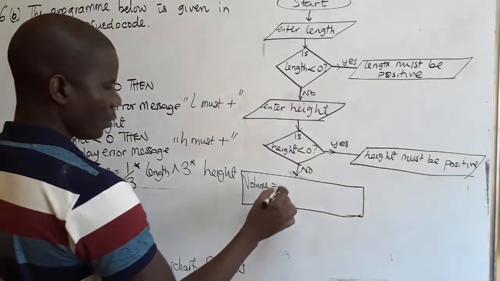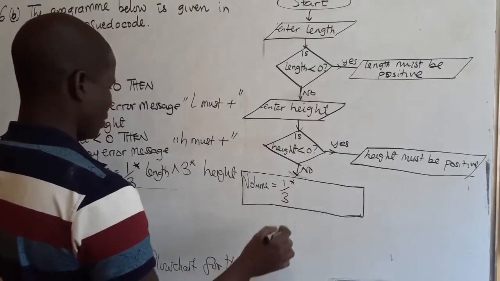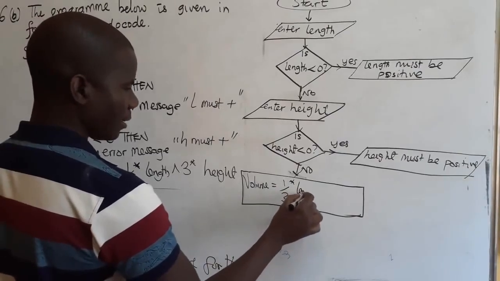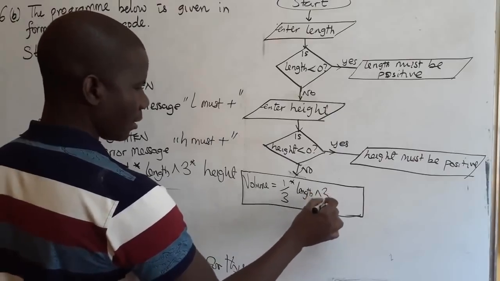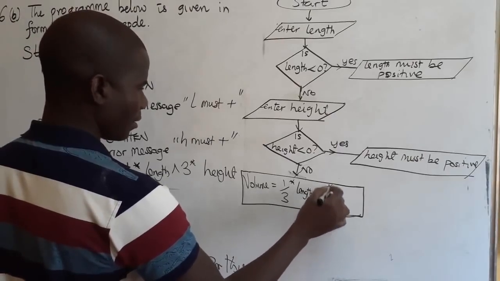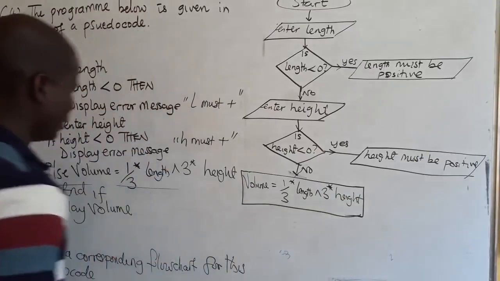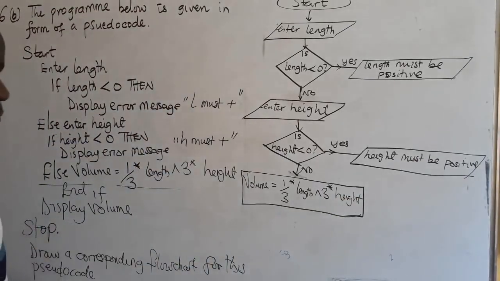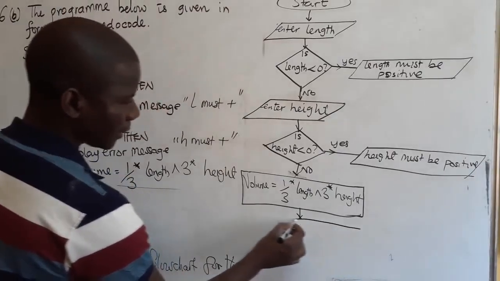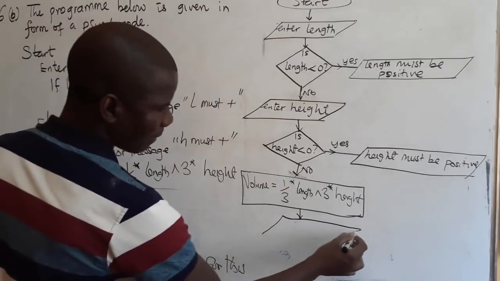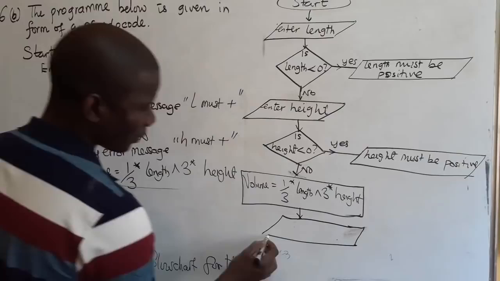Where we're going to say volume is equal to 1/3 times length times height. From here, take note of the symbols that I'm using. I think that is what they concentrate on.